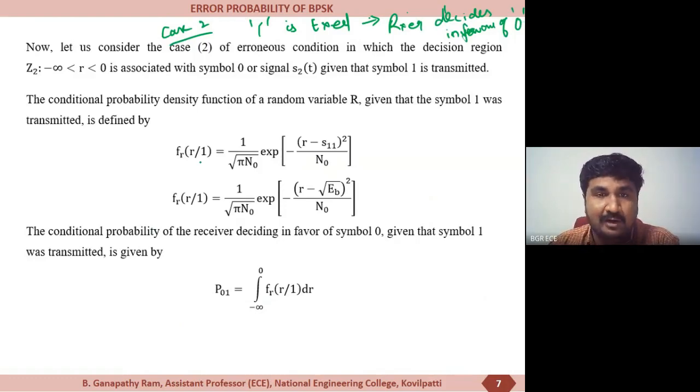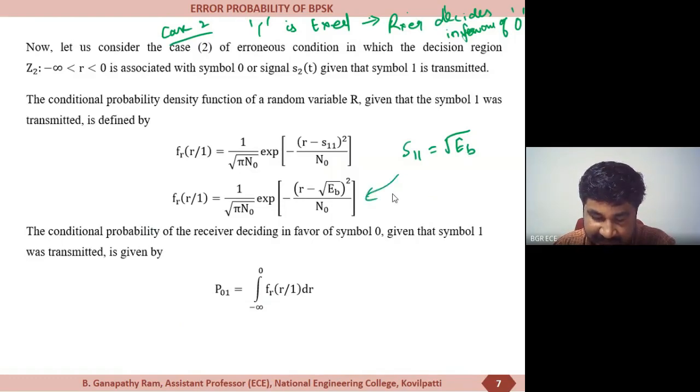Similarly, fR of R given 1, that is the conditional probability density function for the random variable R, that is for the receiving signal point R, given that the symbol 1 is transmitted, can be written as 1 divided by square root of pi N0 exponential of minus of R minus S11 the whole square divided by N0, and we know that S11 is equal to square root of EB.